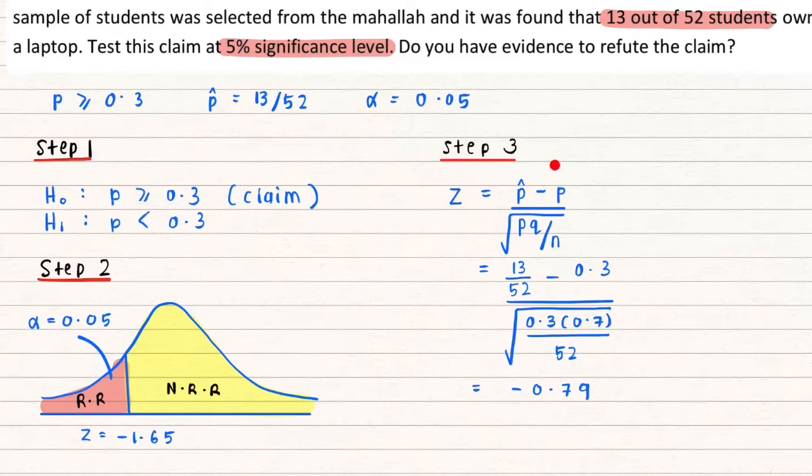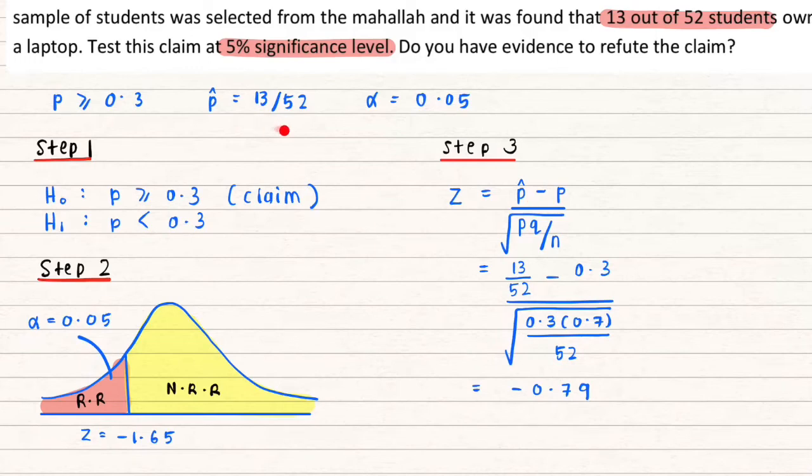Okay, step number 3 is calculating the test statistic value. You have the Z formula here for the proportion: P hat, the sample proportion, minus P, the population proportion, over the square root of PQ over N, everything under the root. Then substitute all the values given.